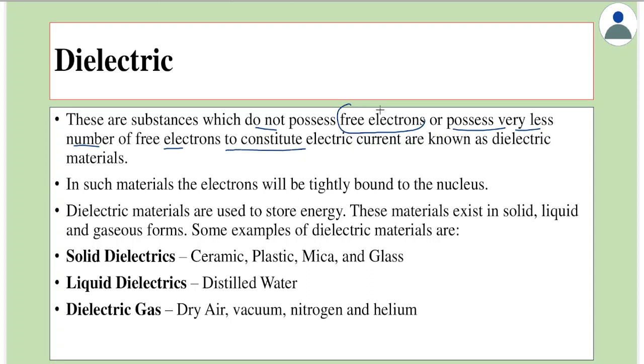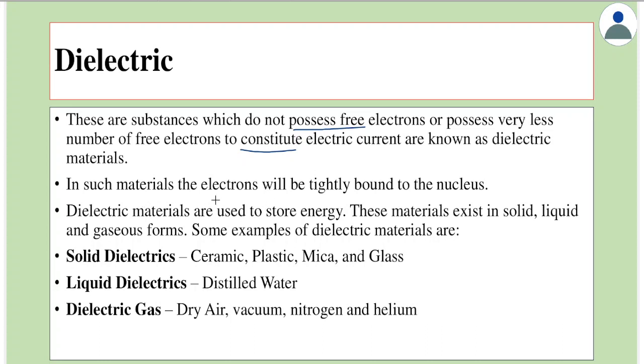That is, unlike conductors, which have a large number of free electrons responsible for the flow of current, dielectrics do not contain free electrons, or they contain very few, so that the current they produce would be zero or very close to zero. So those substances are called dielectrics.